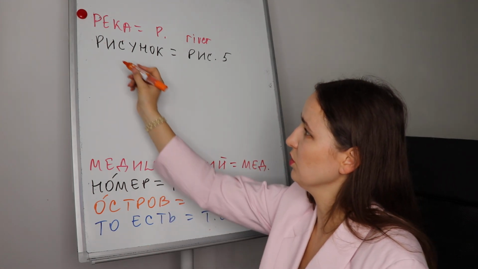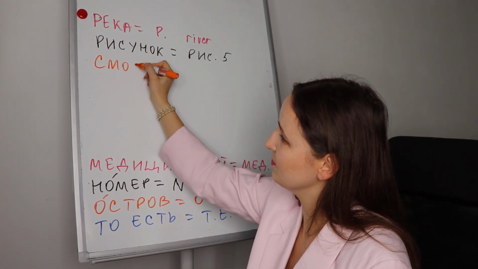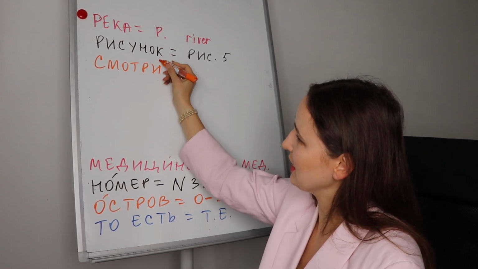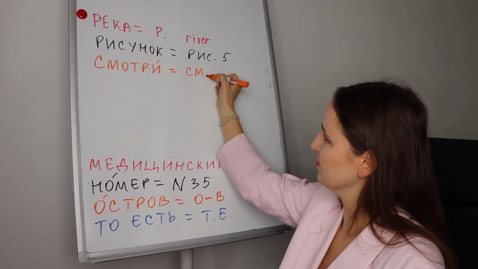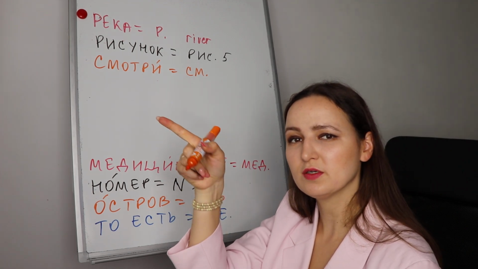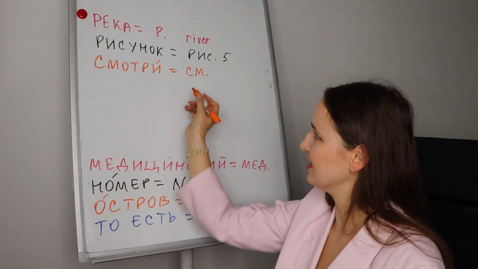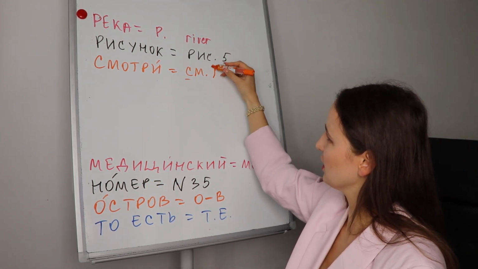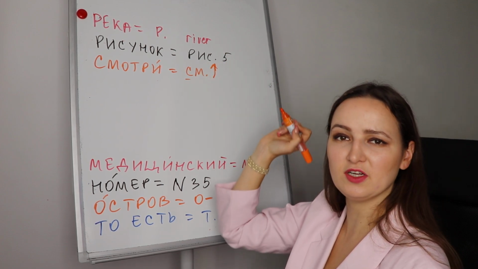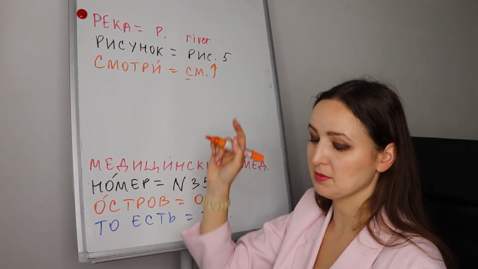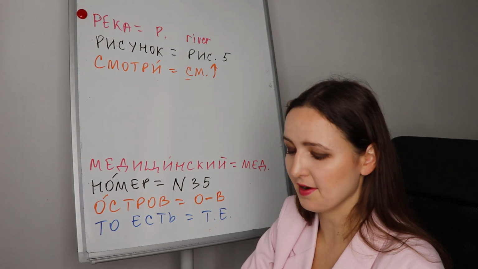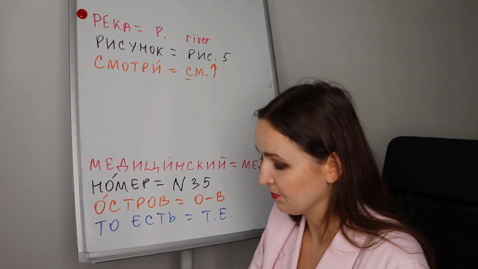Or also you will see смотри. Смотри is см. And that means look there. Смотри, см, for example, рисунок 5. Look at the picture number 5. См, смотри, look there.